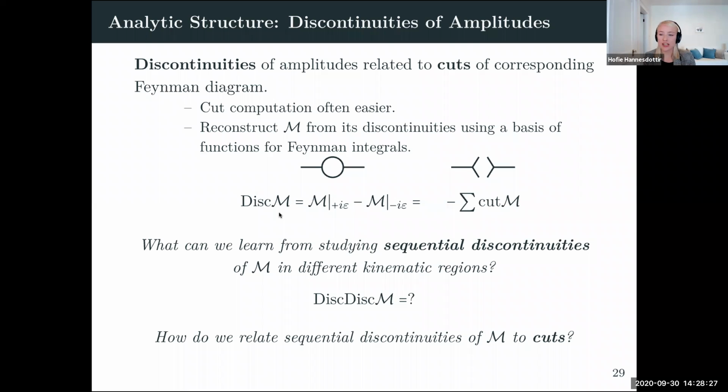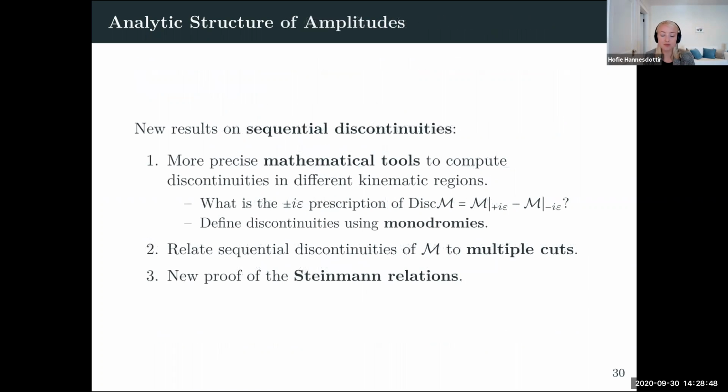So what we were looking into was what we can learn from taking more discontinuities, so discontinuities of the discontinuity, and what happens in different kinematic regions, that is for different signs of the Mandelstams, and how we relate those discontinuities of discontinuities to cuts of the corresponding Feynman diagrams. And these are the results from our most recent paper.